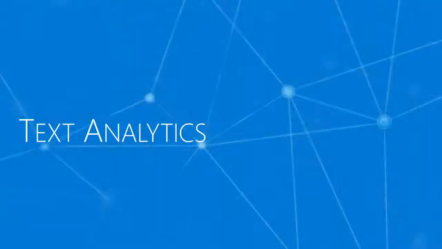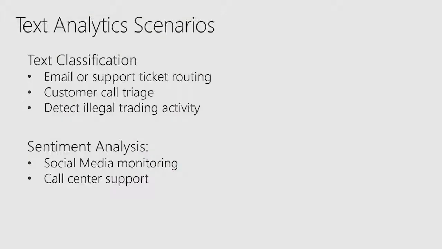Okay, so now Ringling is going to talk about text analytics. Thank you, Gleb. Yes. Hi, there are a lot of scenarios where you can imagine text analytics being very useful. For instance, in the generic text classification case, you can imagine a customer support center receiving tons of support tickets, emails, and phone calls every day.